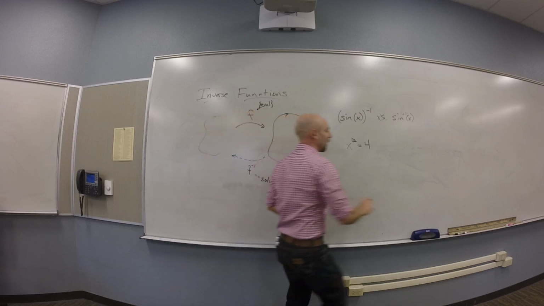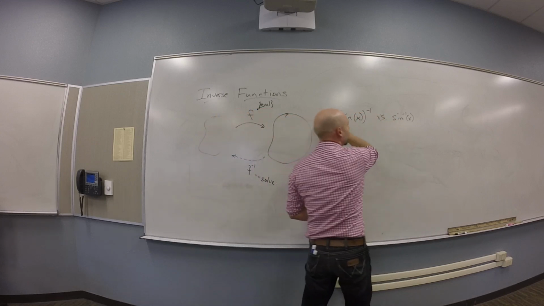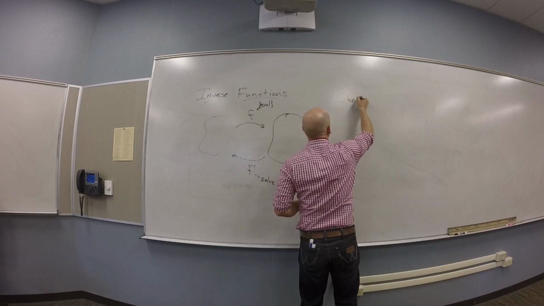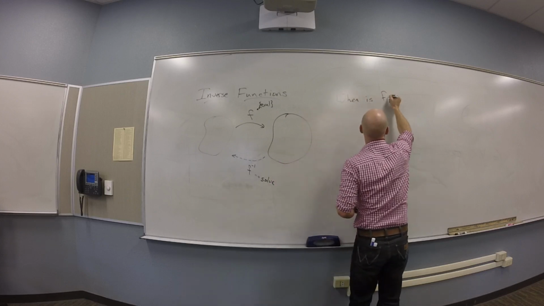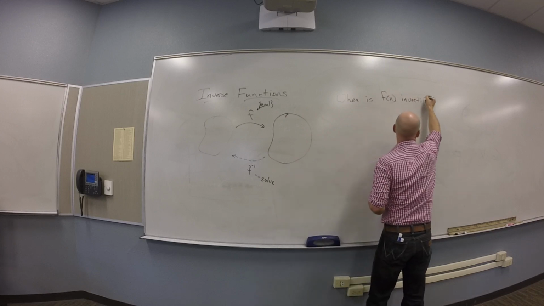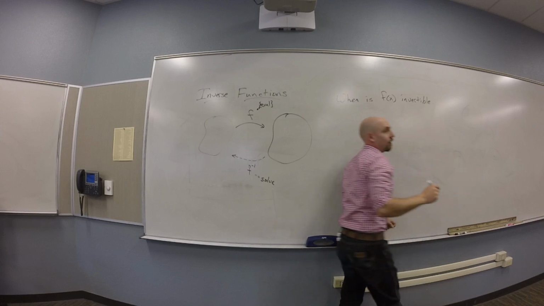So for that, I need a test. I would like to know when there is an inverse function. When it's a 1-to-1 ratio. So when is f of x invertible? When it's input, output 1-to-1.